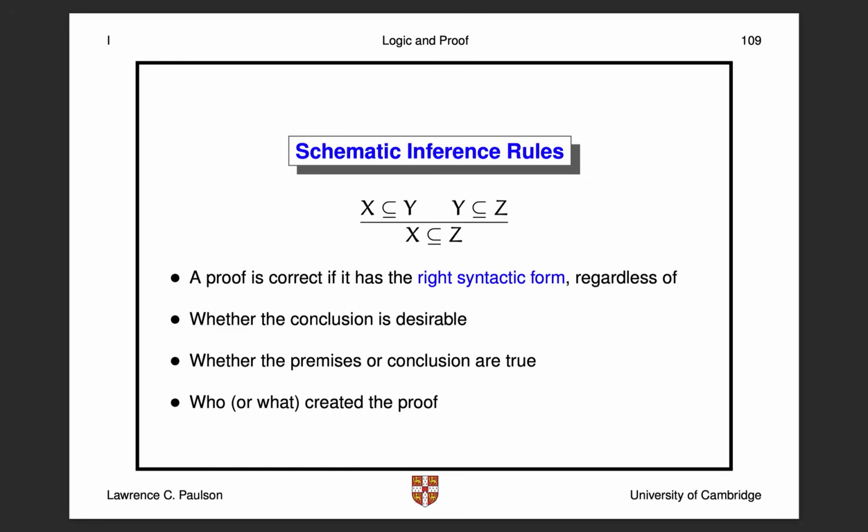And crucially, as we are computer scientists, we don't care who or indeed what created the proof. So in particular, a machine can create the proof, and perhaps some other machine, perhaps in an adversarial mode, can check the proof.